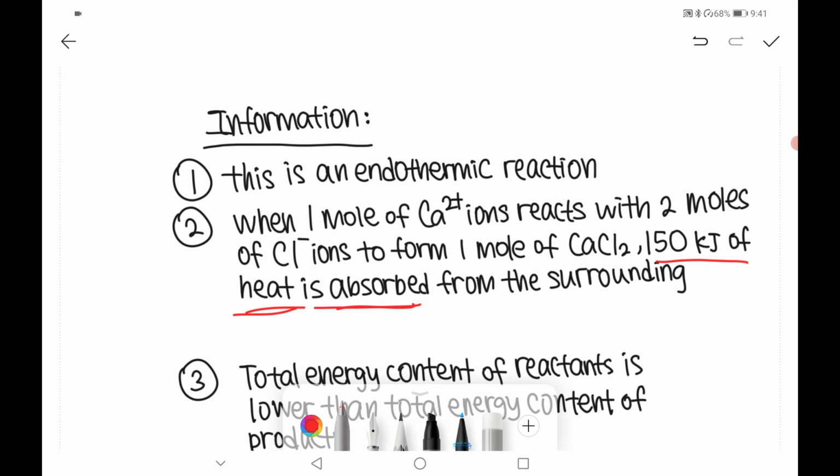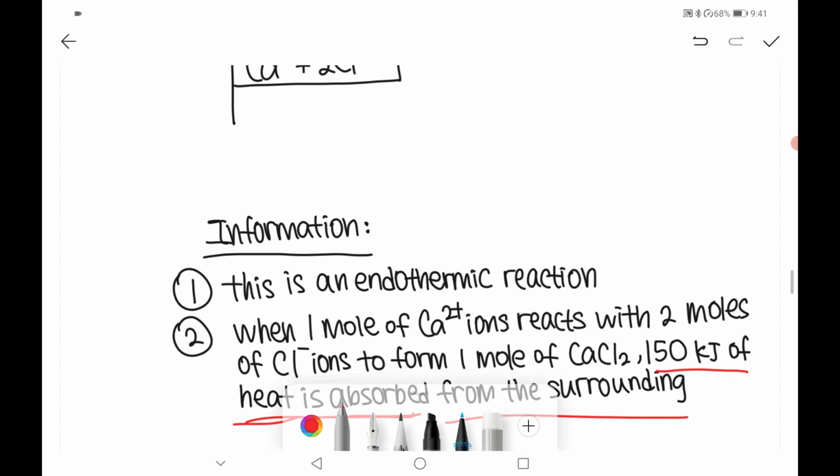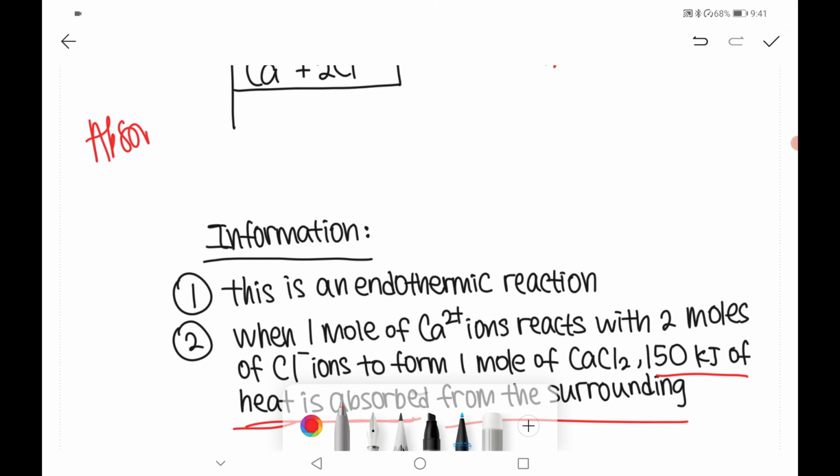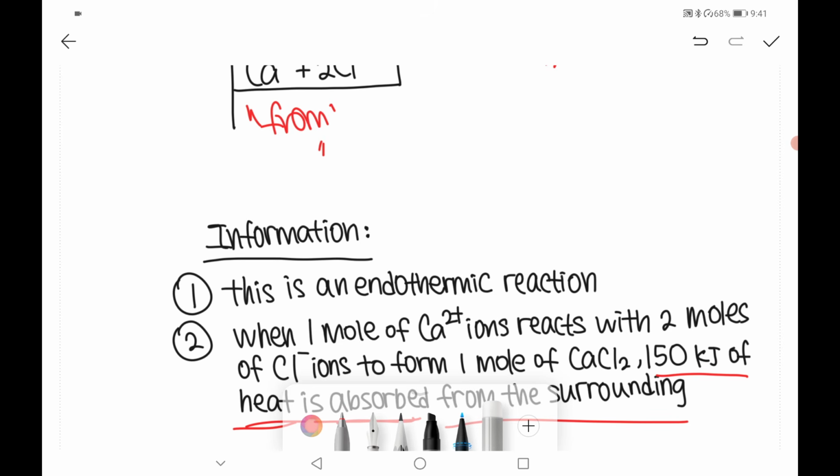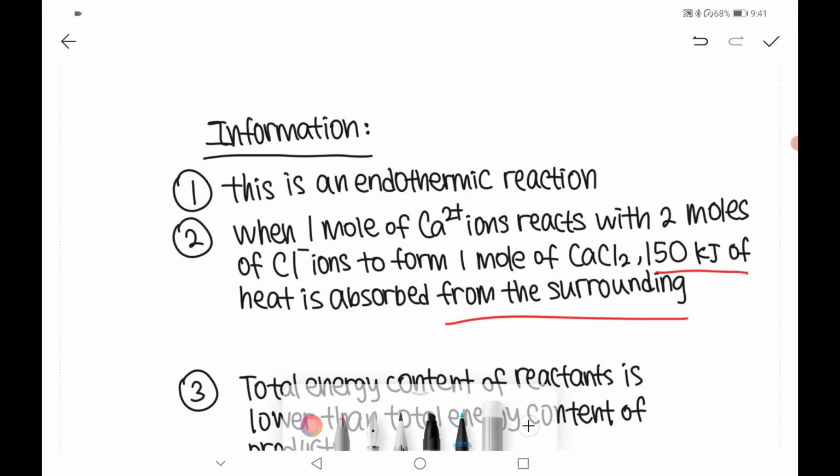Always mention the surrounding. You always absorb the heat from the surrounding and release the heat to the surrounding. So make sure you know how to write this. Okay, so that's the second piece of information.